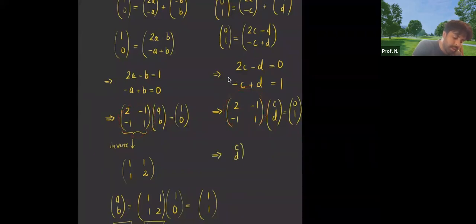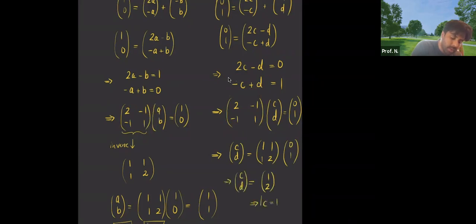So C, D is equal to the inverse of this matrix, which I already found to be 1, 1, 1, 2, applied to 0, 1. When I do that, I get 1, 2. That's C, D, which means C has to be 1 and D has to be 2.